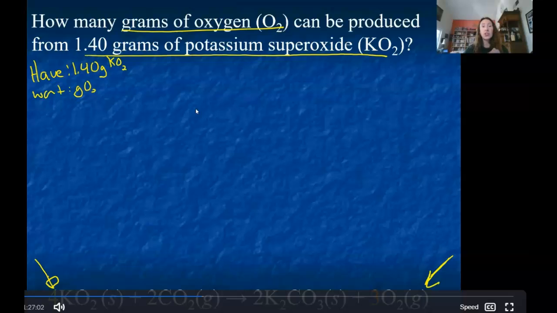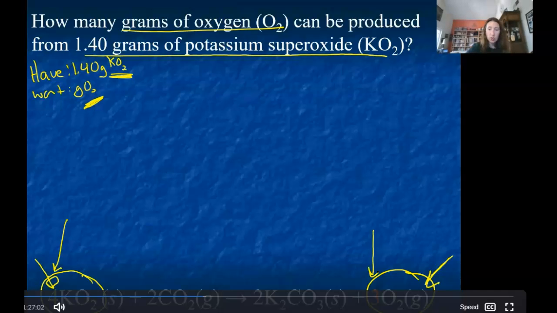That's how you know that you need that balanced equation, because they're giving you KO2, but asking for O2. So somehow we need to figure out the relationship between KO2 and O2. And that relationship is there are 4 KO2s to 3 O2s. Right? And so that's how you know we need a balanced chemical equation.